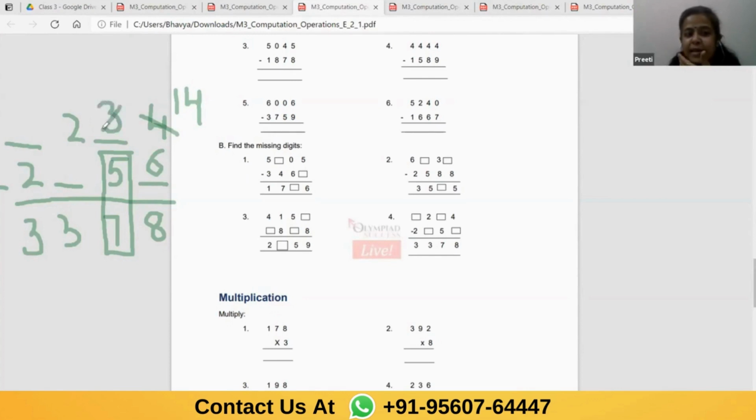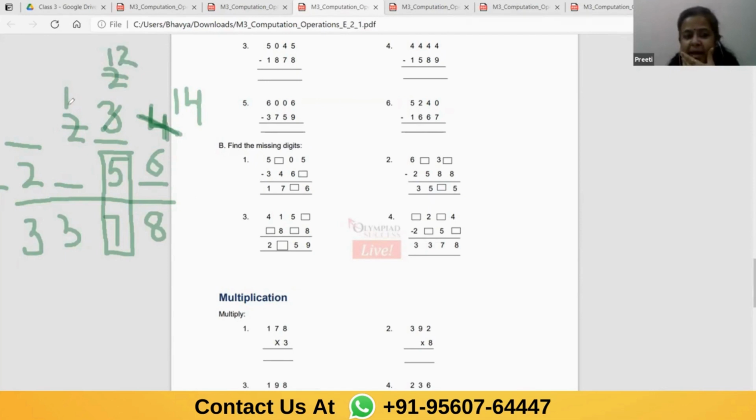So it has to be 3, so that when I cut this 3, it becomes 2. And this 4 becomes 14. Now when I borrow, I will cut this 2, this 2 becomes 1 and this 2 becomes 12. Now 12 minus 5 is 7.